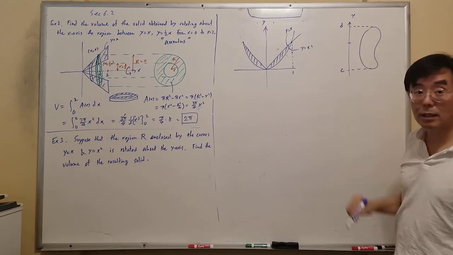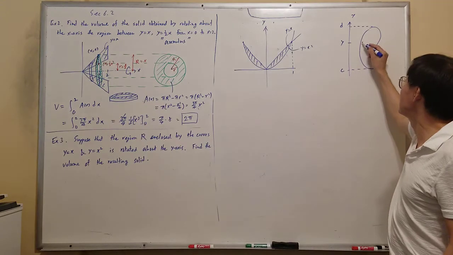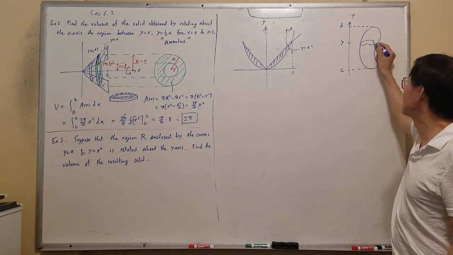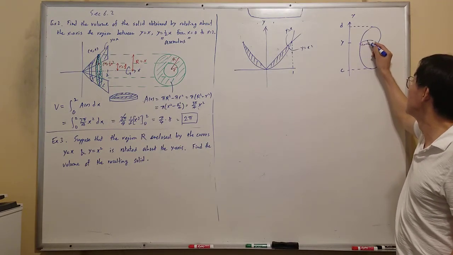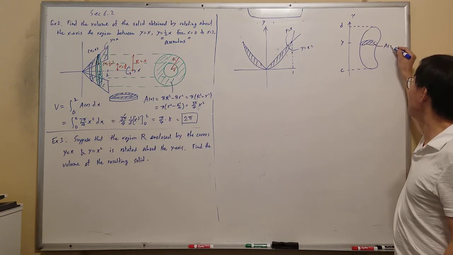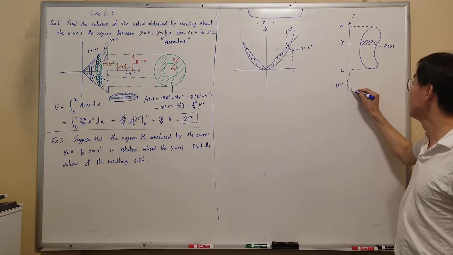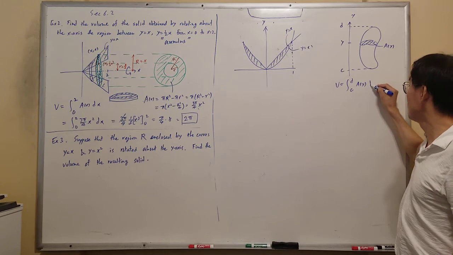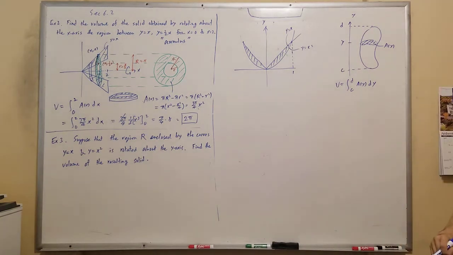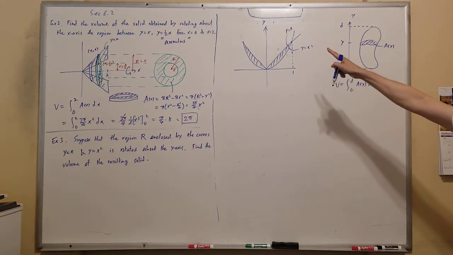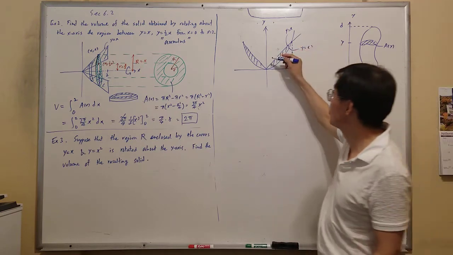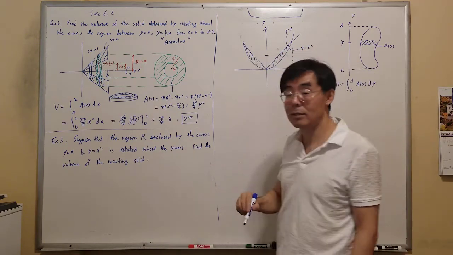Say y runs from c to d. For given y, somehow you know the cross-sectional area, say A of y. Then the volume will be the integral from c to d of A of y dy. Exactly the same approach, right? Because the rotational axis is y, it's best to cut perpendicular to the y-axis.